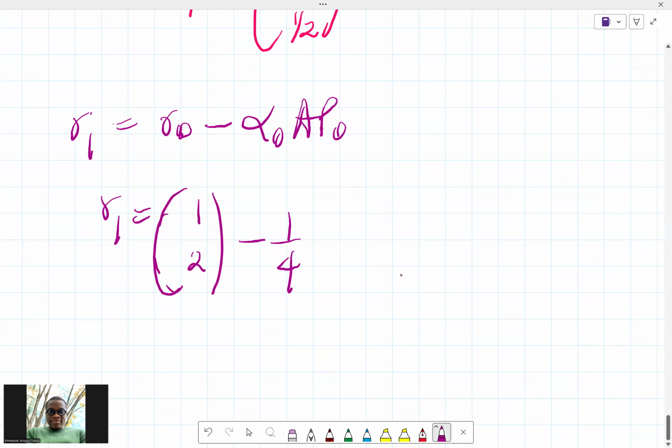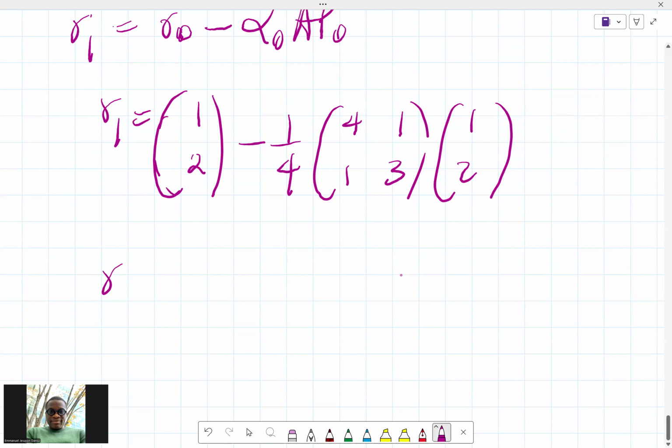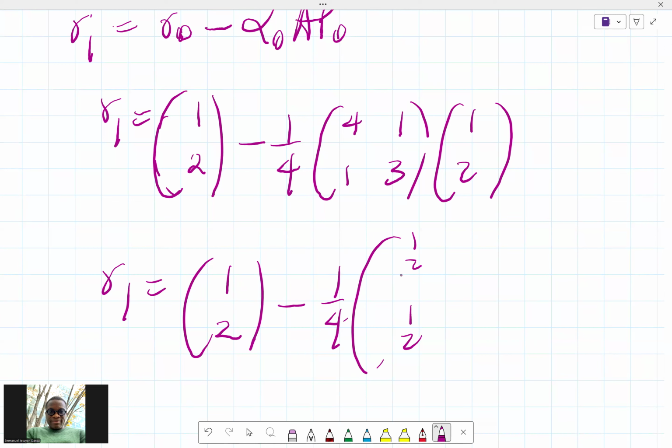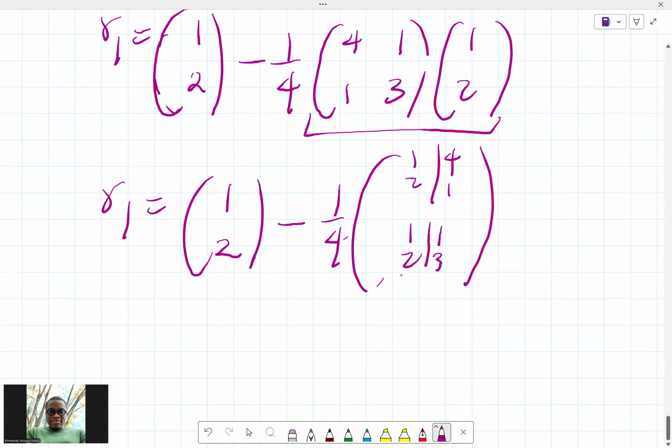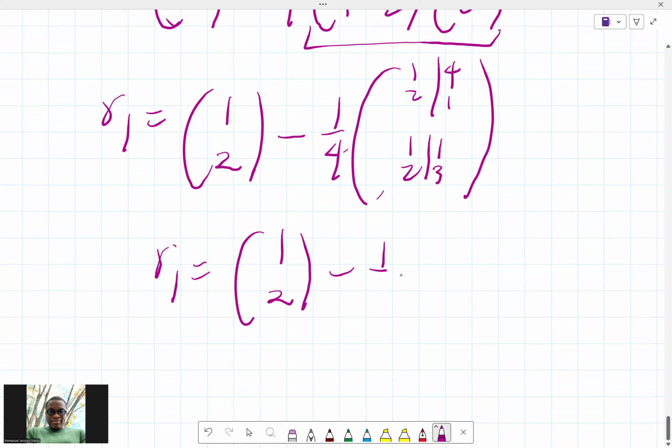So we have 1 over 4 into A. A again is 4, 1, 1, 3, into P naught, which is 1, 2. So R1 is equal to 1, 2 minus 1 over 4 into 4, 1, 1, 3 times 1, 2. That's taking care of this now. So R1 is equal to 1, 2 minus 1 over 4 into: 4 times 1 is 4 plus 2, that's 6. 1 times 1 is 1, 2 times 3, 6. So this is 7, okay?